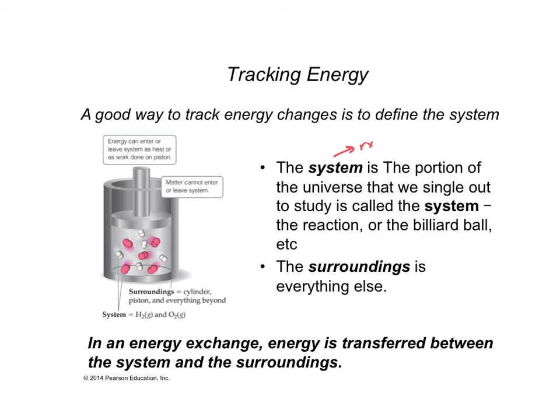So this could be our chemical reaction, it could be the billiard ball that we're watching, etc. Whatever we are interested in, we define as the system. Everything else with which the system can exchange energy is what we call the surroundings. Again, this is anything our system can exchange energy with.